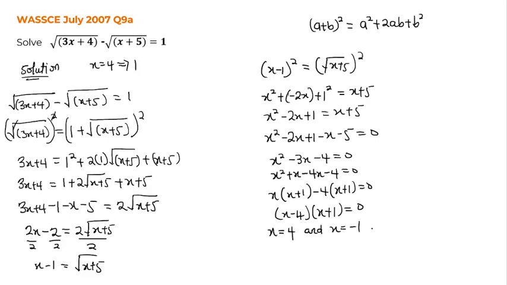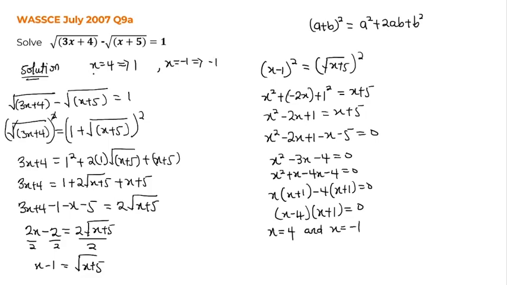Now what happens if we substitute s is equal to -1? When s is equal to -1, I substitute -1 over here, so I have the root of 3 multiplied by -1 plus 4 minus the root of -1 plus 5. That will give me -1 as my answer.